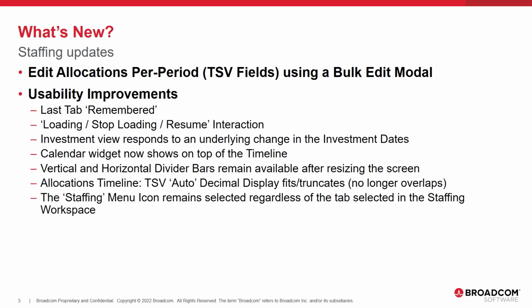The cells in the periods can be updated and previewed to see the impact of the resource's overall availability before saving the changes. During the demonstration, you will see some usability enhancements, such as landing on the last tab visited, either the Allocations Timeline tab or the Staff Grid tab, the ability to control the amount of data loaded on the page, and other miscellaneous improvements.